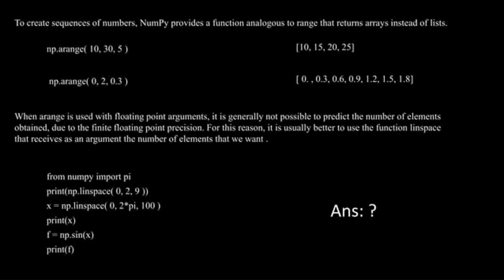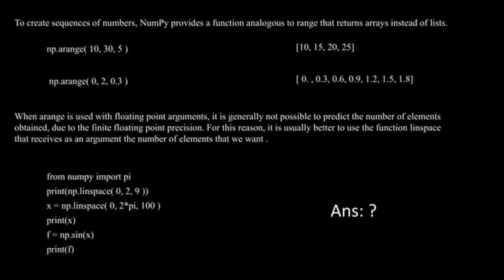To create sequences of numbers, numpy provides a function analogous to range that returns an array instead of a list. np.arange(10, 30, 5): 10 is taken first with a step of 5, and it needs to be printed until 30.